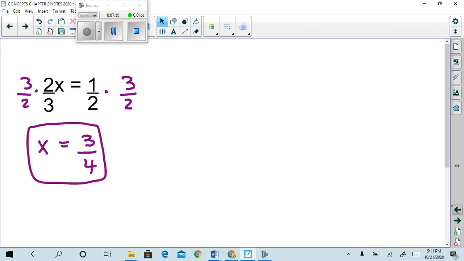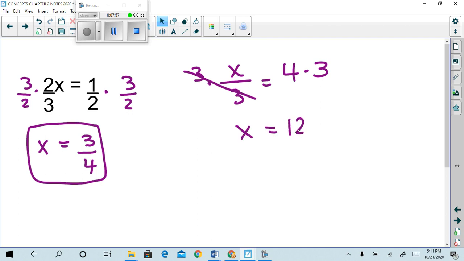One last type would be the division. If I start off with x divided by 3 equals 4, the inverse of division would be multiplication. I'll multiply both sides by 3. They cancel out on the left, and that leaves me 12. Let's see that again. x divided by 5 equals 10.